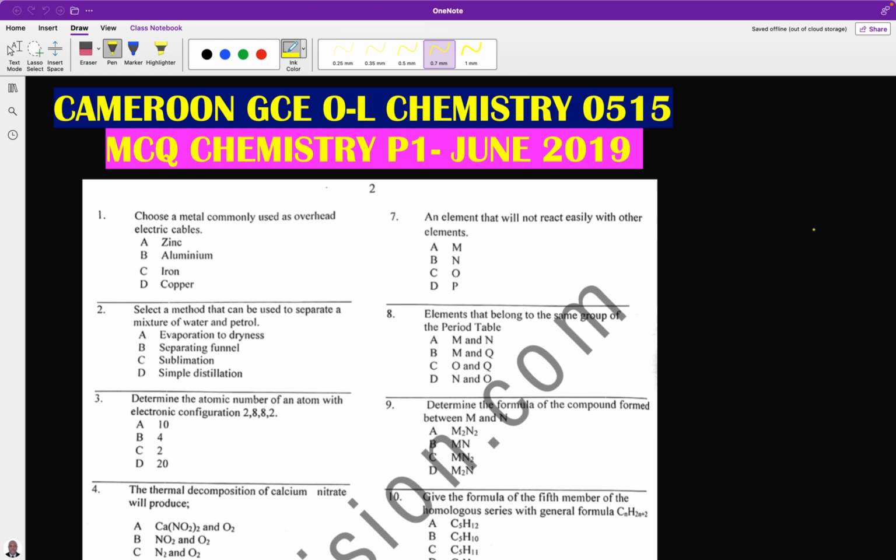Question number 2. Select a method that can be used to separate a mixture of water and petrol.